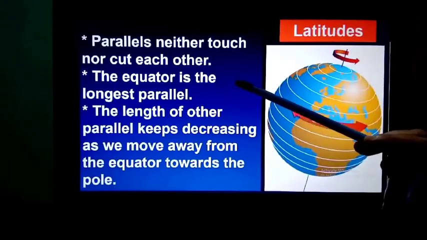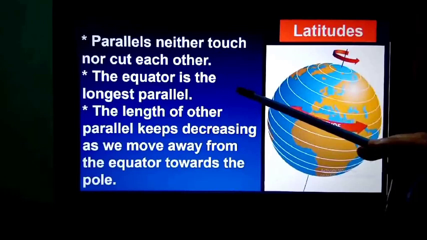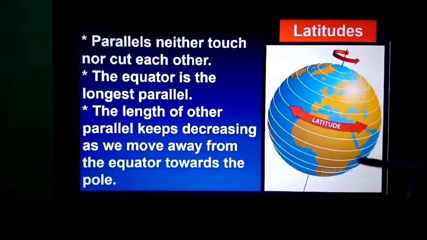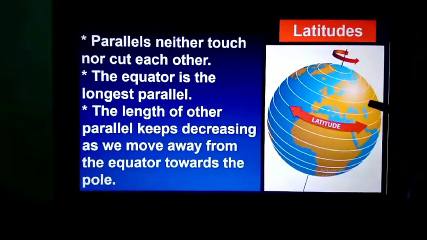Equator is the longest parallel because it is dividing our earth into two equal halves, northern hemisphere and southern hemisphere. The length of other parallels keeps decreasing as we move from the equator toward the pole.